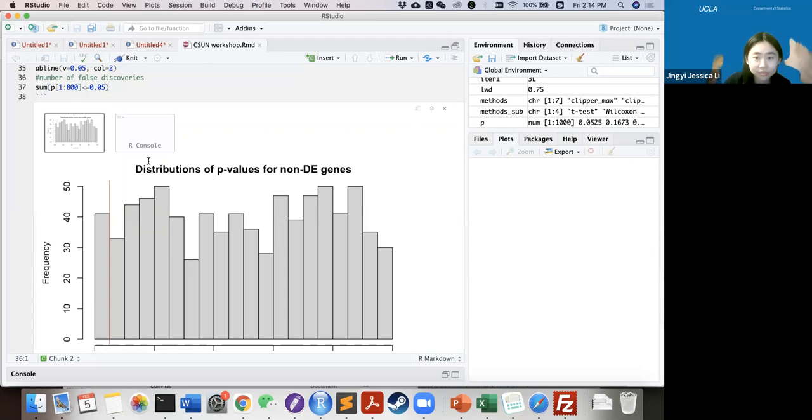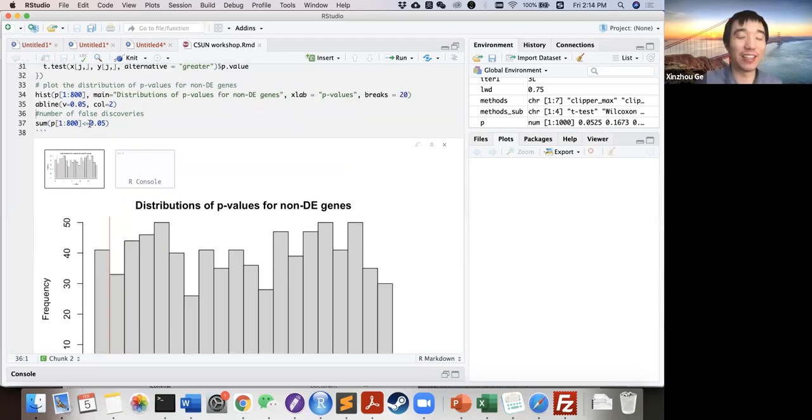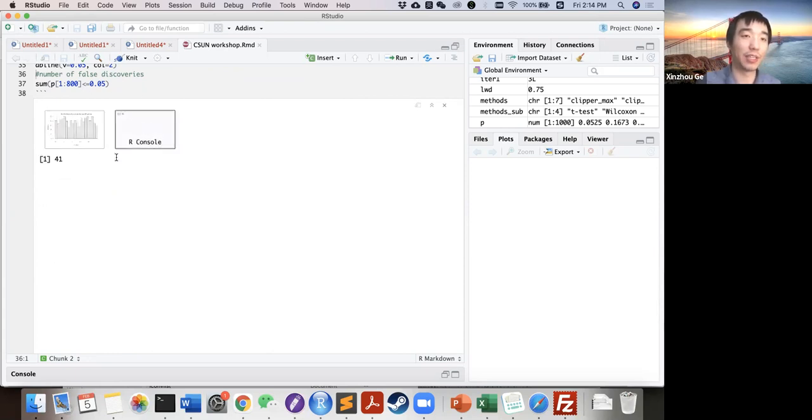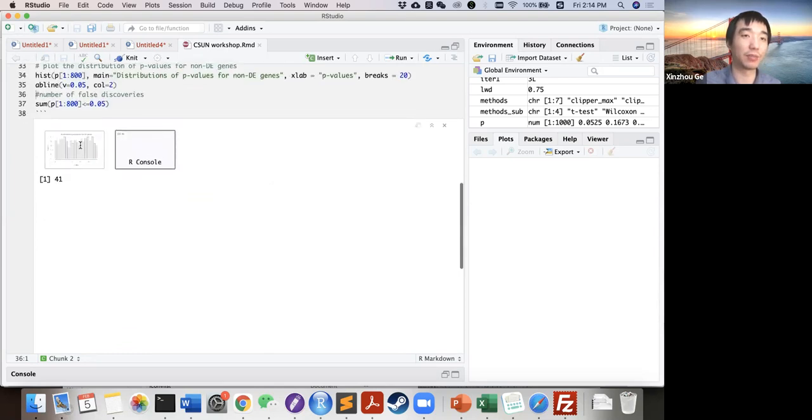Yeah, from this example, you can see that by simulation, we can validate the uniform distribution of the p-values by looking at the histogram or looking at the proportion of the p-values that are greater than or equal to 0.05.